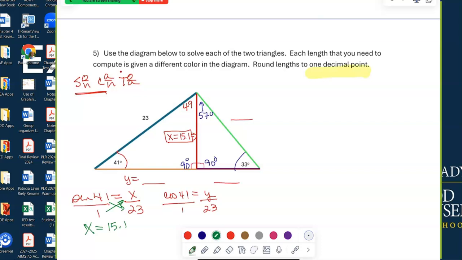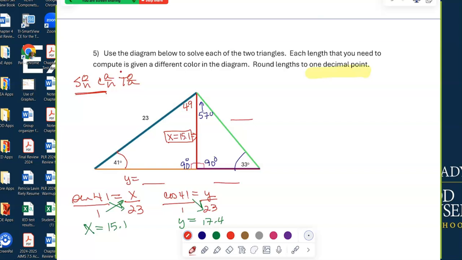You're going to do cross products one time, and that's going to get you your value. So what I could do here is I'm going to say second entry. That pulls up the exact same line I just did. And I am going to change the sine to cosine. So now I have 23 times cosine 41, and I'm getting that y equals 17.4.